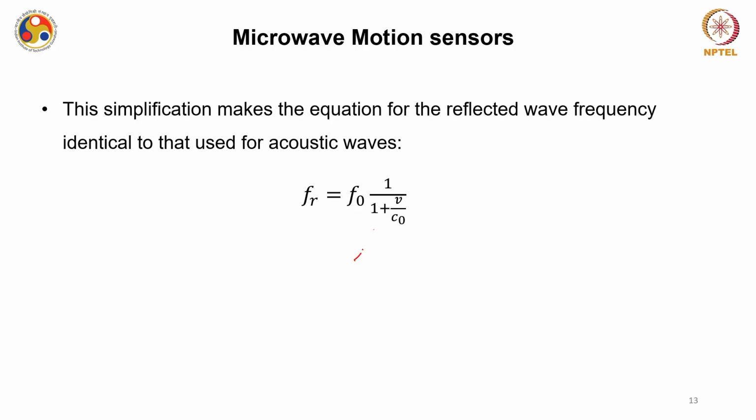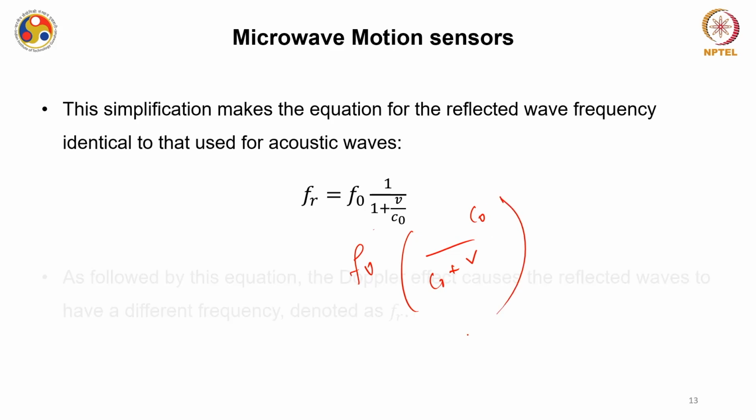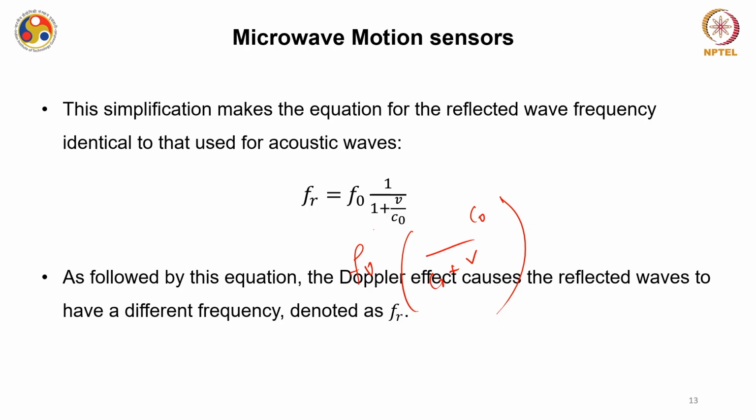If I simplify it, it will be c naught by c naught plus v into f naught. As followed by this equation, the Doppler effect causes the reflected wave to have a different frequency, which is denoted by Fr.